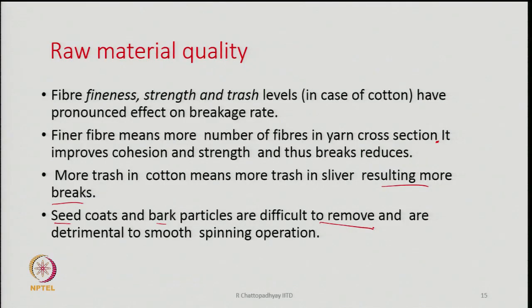And there are certain norms how clean this sliver should be, and that also depends on the count of yarn that we want to produce, but those kinds of industrial norms are there. Seed coats and bark particles are difficult to remove and are detrimental to smooth spinning process. So, these are very bad for the rotor spinning.